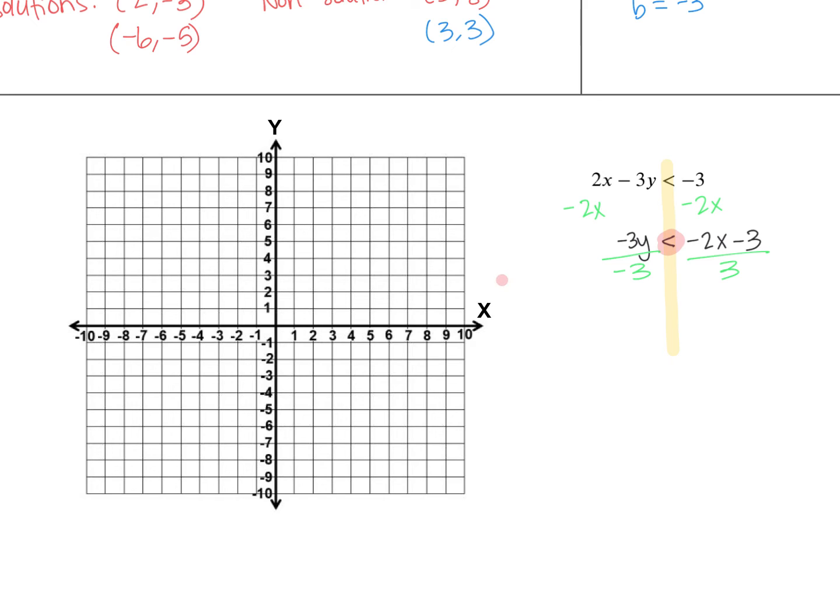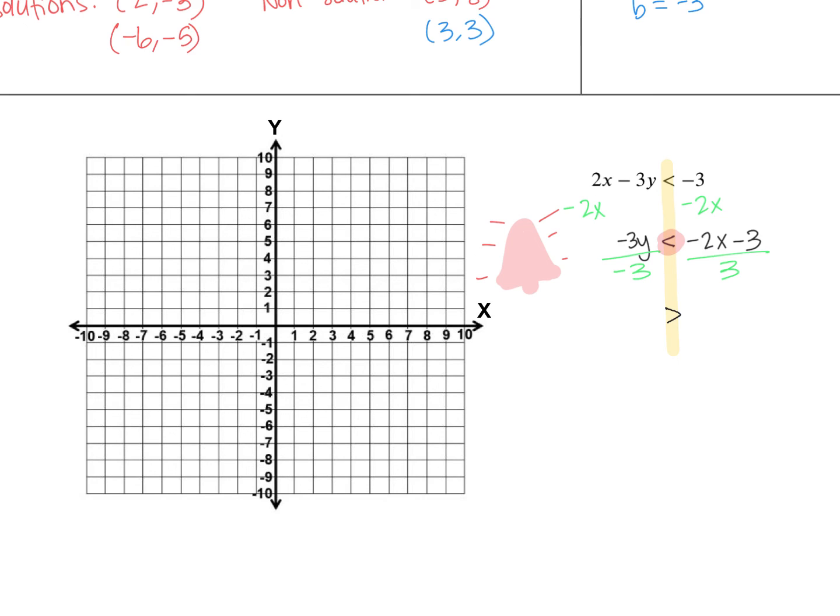So in my class, I like to draw a little bell just to remind us, ding, ding, we have to change something. So since we are dividing by a -3, we have to flip the sign. So instead of less than, it's going to become greater than. Anytime you divide by a negative with an inequality, you flip the sign.